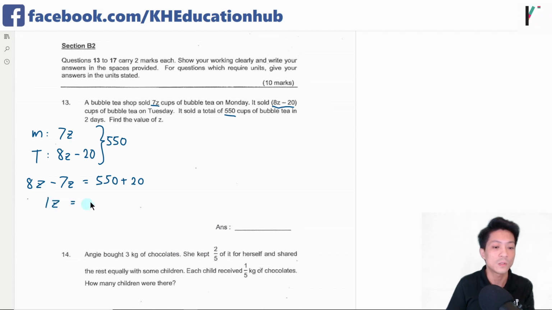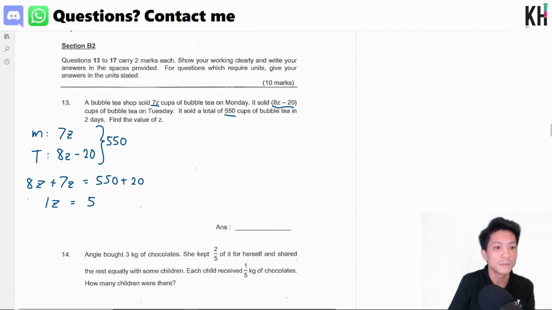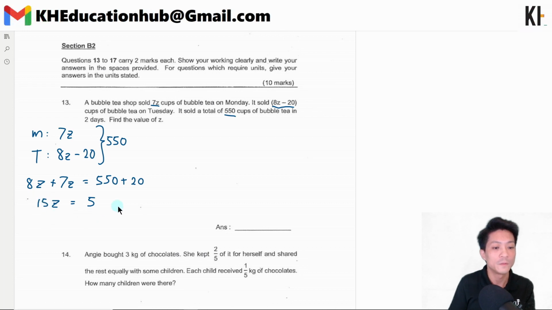And Z is equal to 5... oh sorry, it is plus. So this should be 15Z, which is equal to 570.